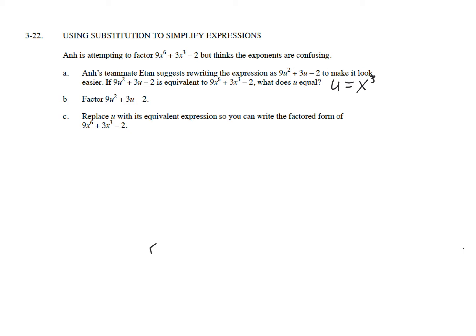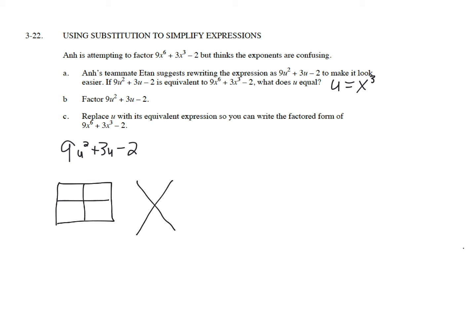And if I use my squares and diamonds, something has to multiply to a negative 18u squared, but add to 3u.